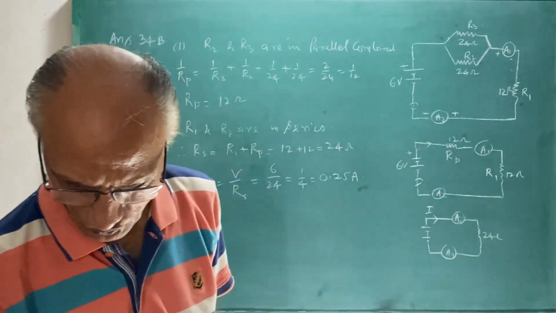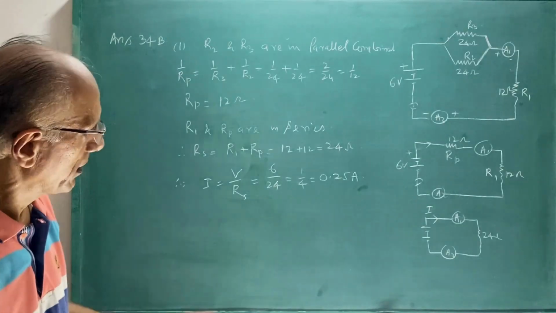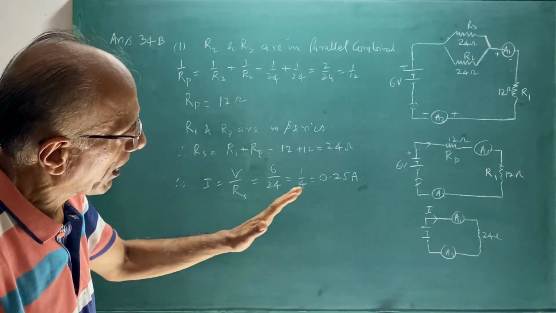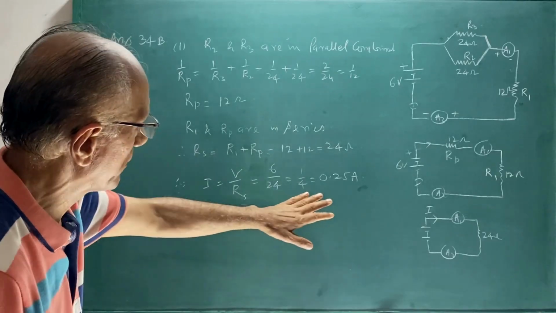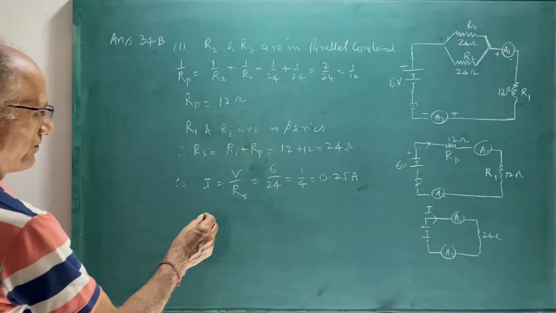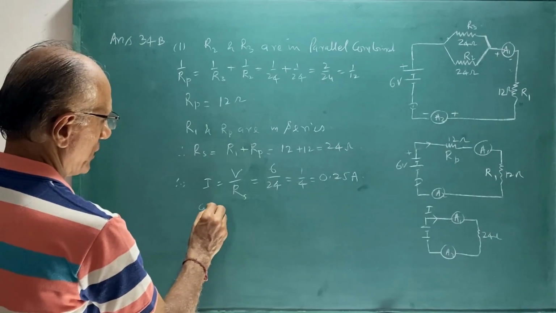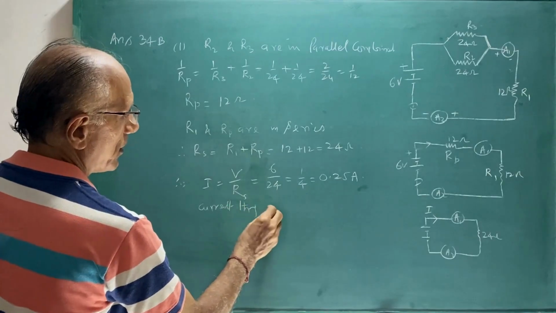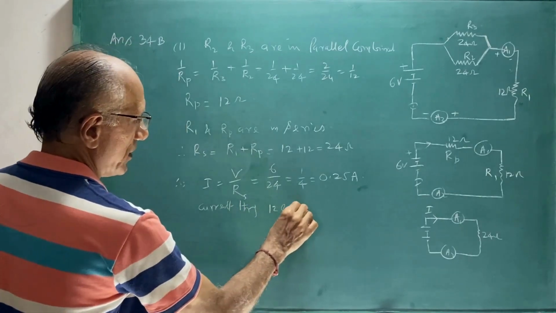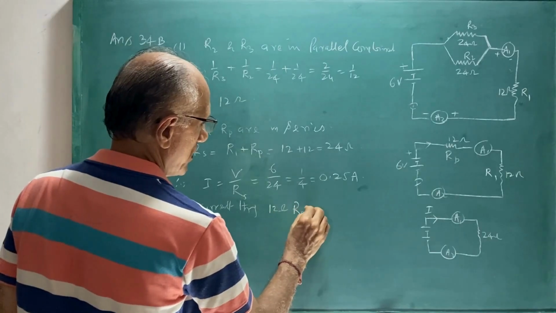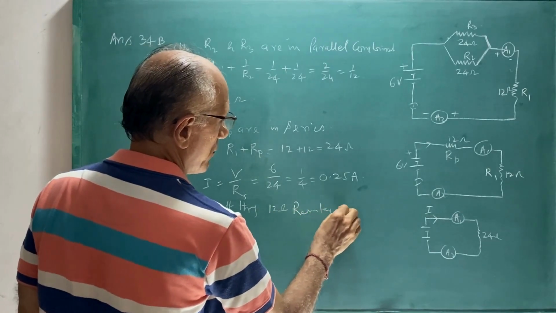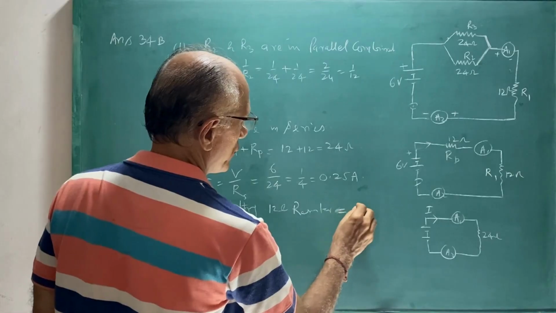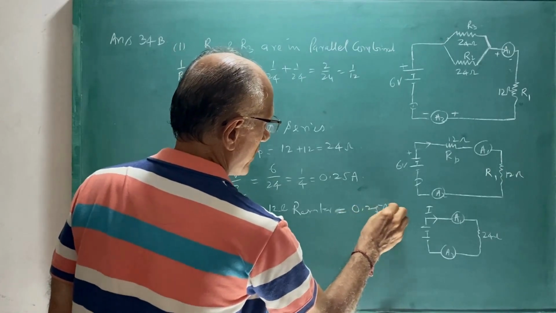So the current through R1 will be 0.25 ampere. So the current through the 12 ohm resistor is 0.25 ampere.